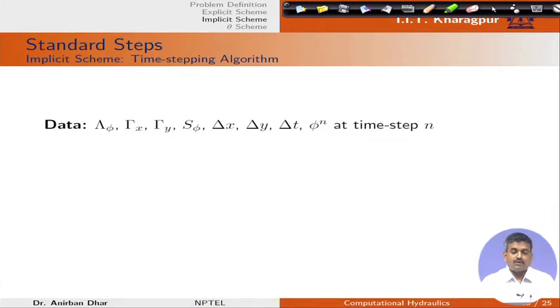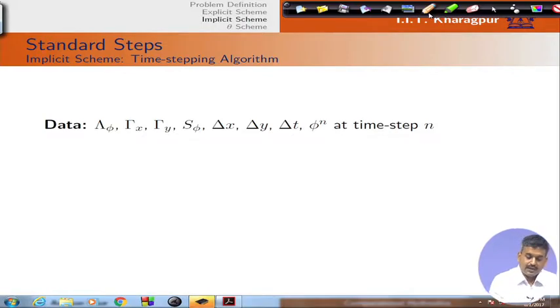So, if you want to solve this implicit scheme, again we need to define the time stepping algorithm for this one. So, data for this one is lambda phi, gamma x, gamma y, S phi, del x, del y and del t, phi n at time step n.